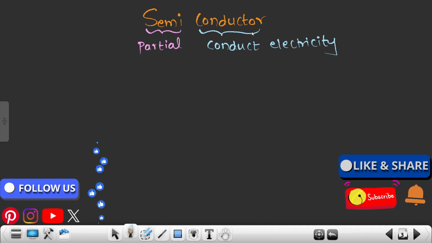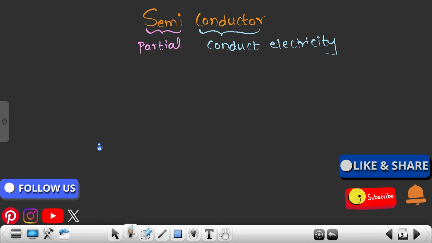So with this word, what I can guess as a layman is that it is partially acting as a conductor and partially acting as an insulator. Again I will repeat: a semiconductor is a device which acts as a conductor as well as an insulator. As the name suggests, it can partially conduct electricity.